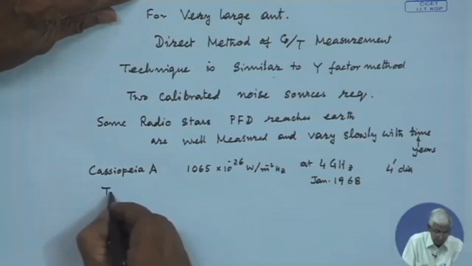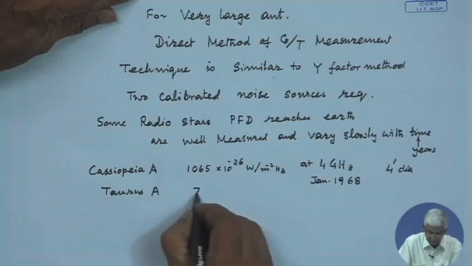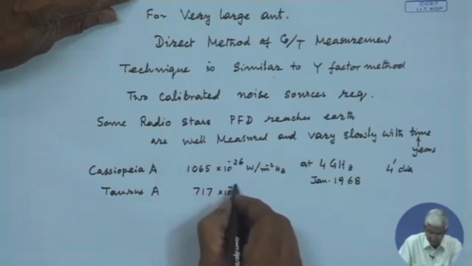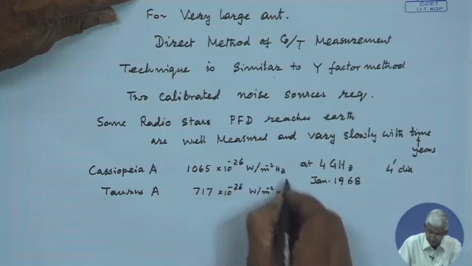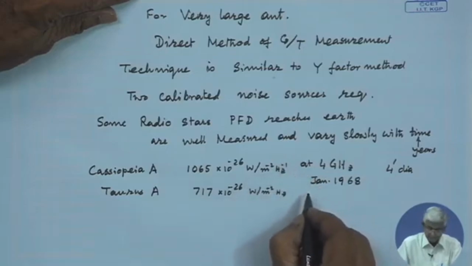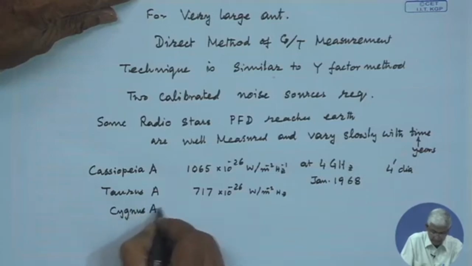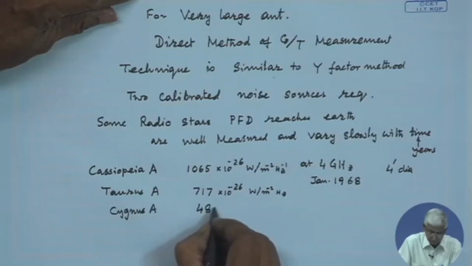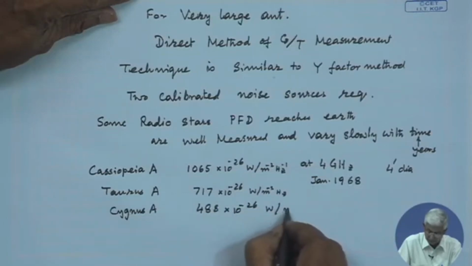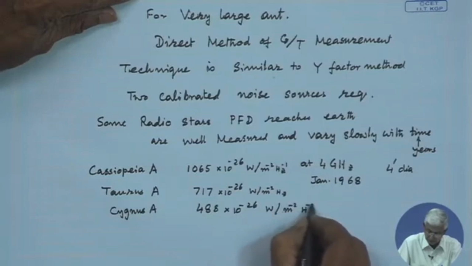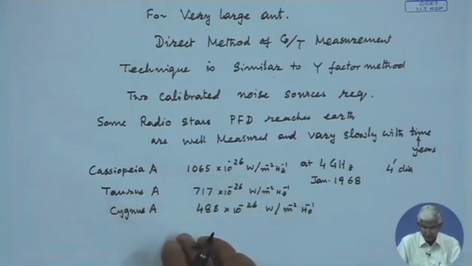There is another one, Taurus A, whose emission is 717 into 10 to the power minus 26, the same unit, watt per meter square per hertz. Then similarly another is Cygnus A, 488 into 10 to the power minus 26 watt per meter square per hertz. Like that many are there, and we can point to any one of them.